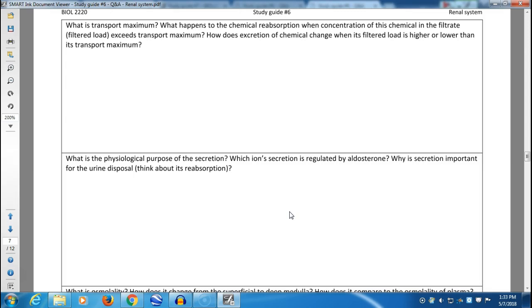If the concentration of the chemical in the filtrate is under transport maximum, what's going to happen to the chemical? Fully reabsorbed. If it's above transport maximum, some will be excreted. It's going to be reabsorbed to that transport maximum, but whatever's on top will be excreted. Are we clear?